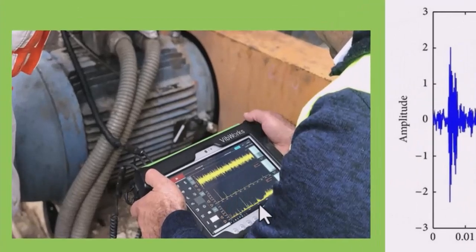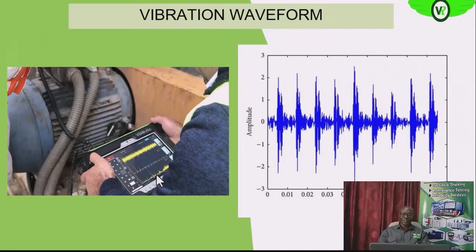These ones are very high frequency events, which may be contributed by bearings. Are we getting it? Which is determined by the ball pass frequency, the number of balls times the rotational speed of the machine. We have both for inner race and for outer race.